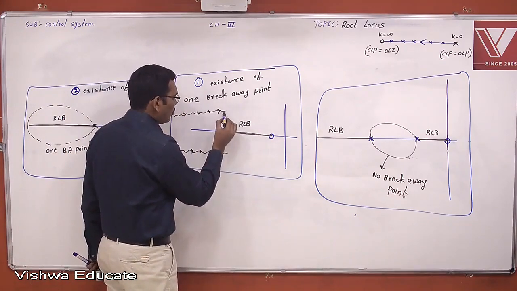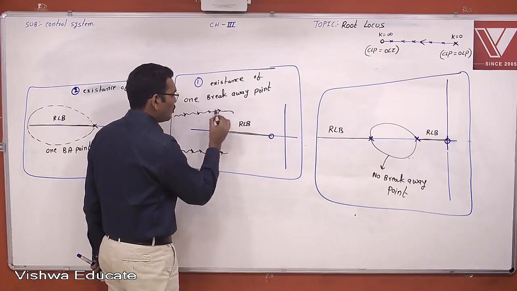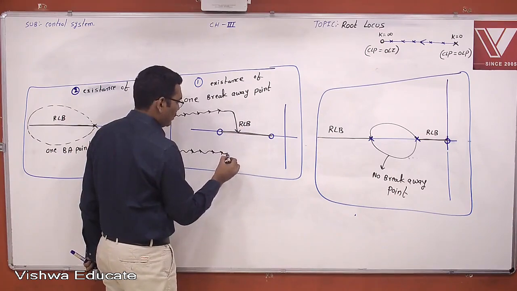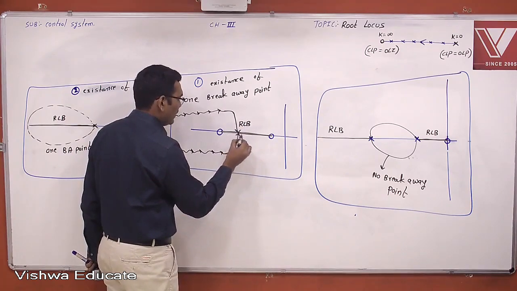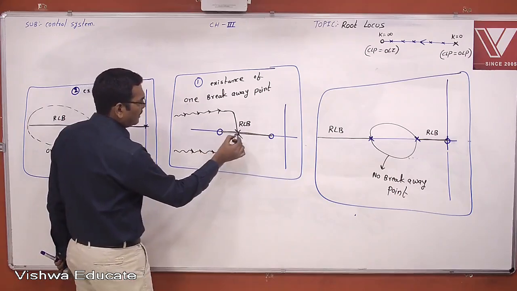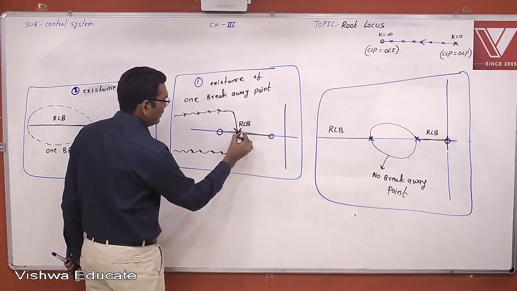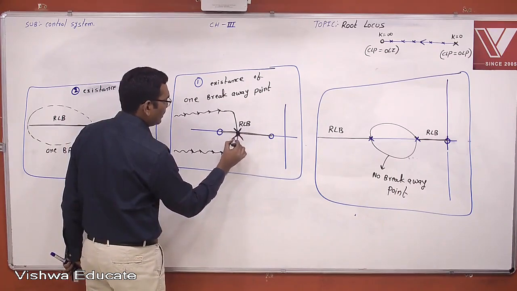Therefore the root locus branches now enter the real axis at a particular point.